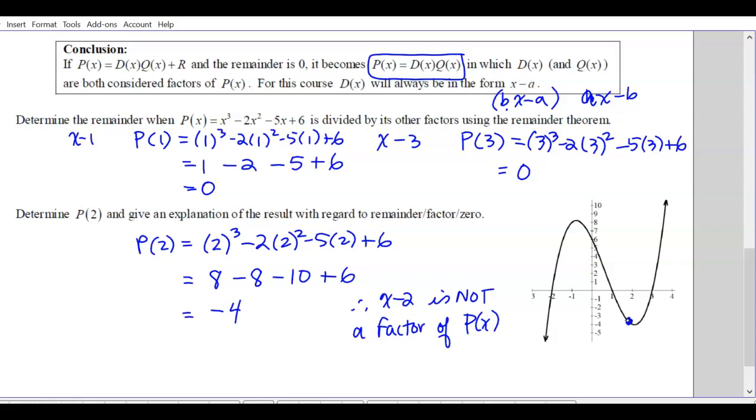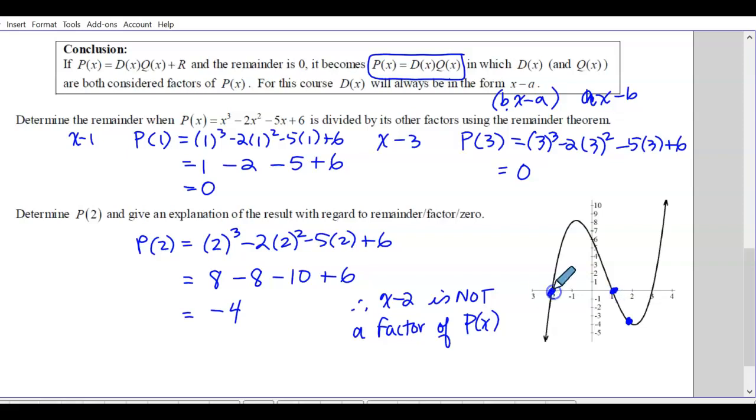So from the graph, your y value tells you your remainder when you divide by x minus whatever x value of that point is. So here, when x is 1, I have a y value of 0. That means the remainder when dividing by x minus 1 is 0. That means x minus 1 is a factor.